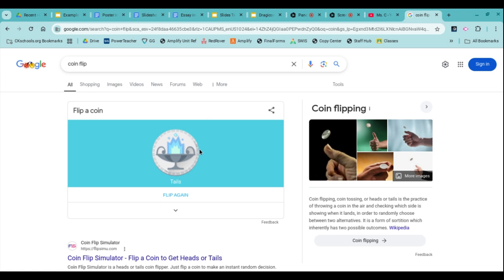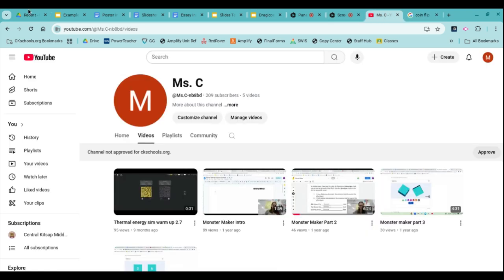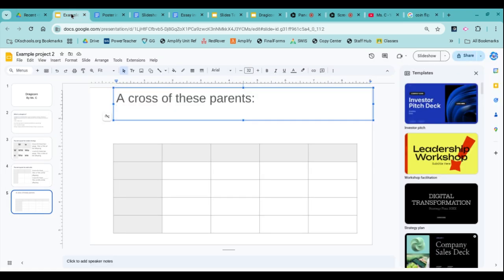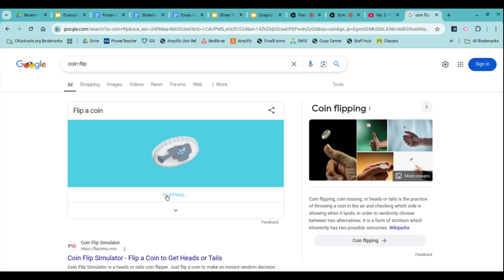So it looks like the first one I got was tails. Oops, that is where I'm putting these videos. There we go. Tails is for recessive. So for my first trait, the one about wings, I'm going to put a recessive allele in. And I'm going to flip again.